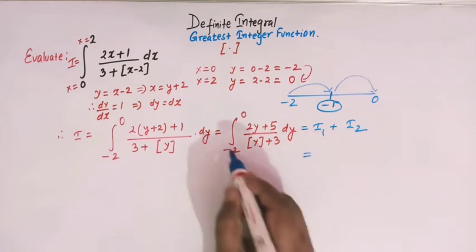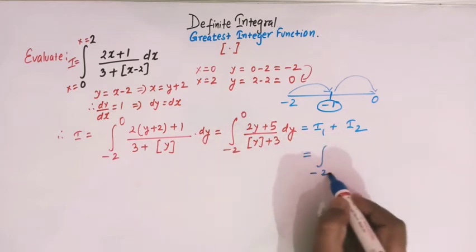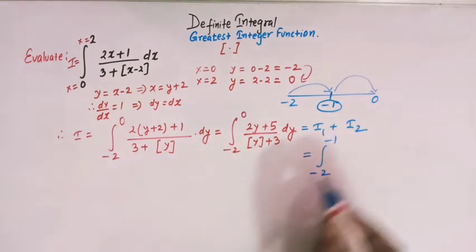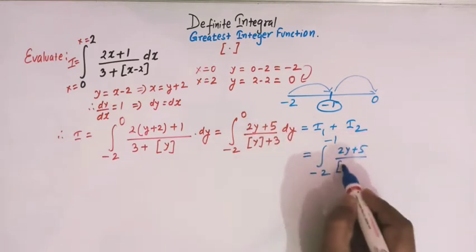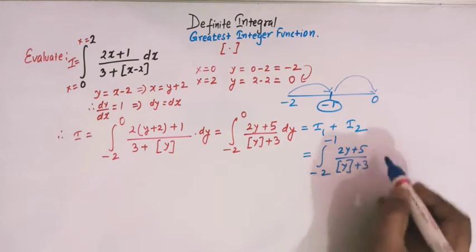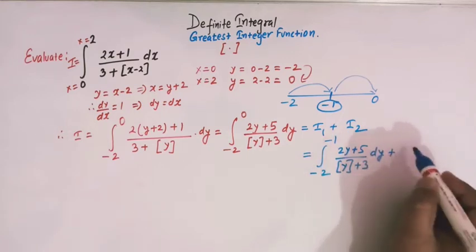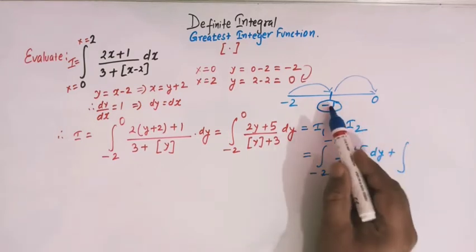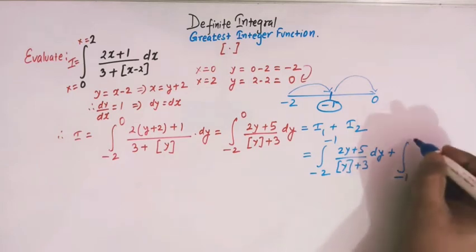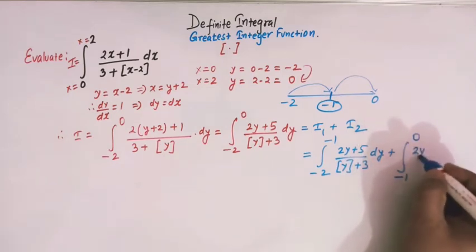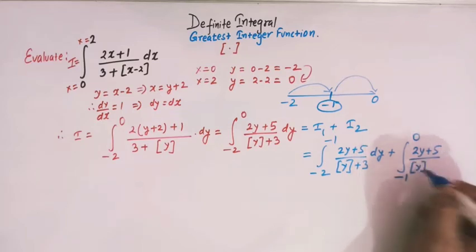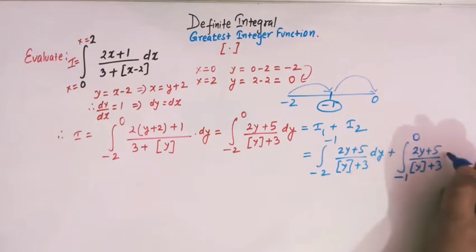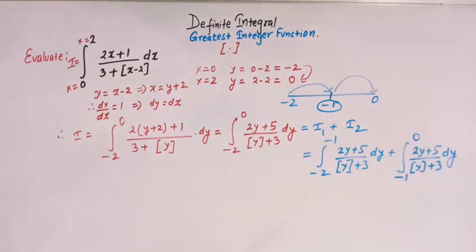So I1 is the integral of (2y plus 5) over (the greatest integer of y plus 3) dy, and I2 is the same integrand from minus 1 to 0.